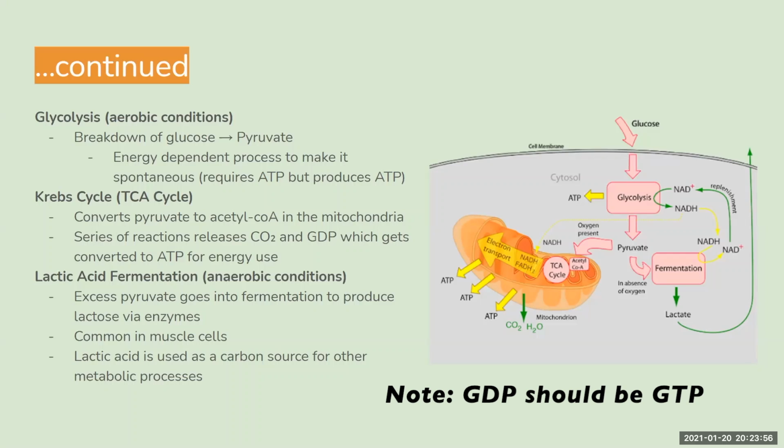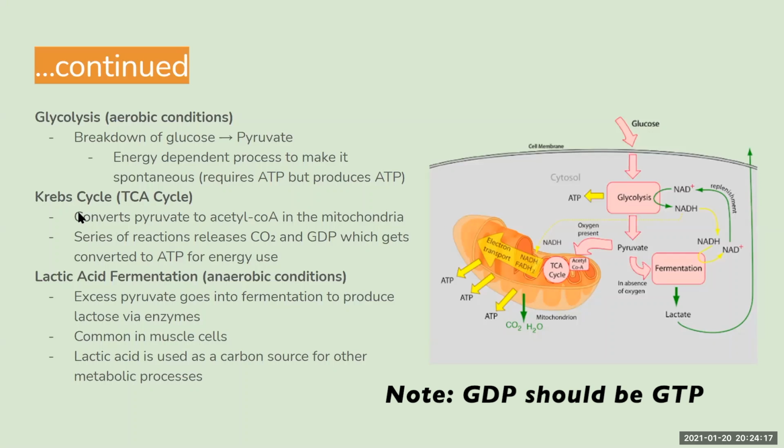Since it is ATP dependent, that's what helps it be spontaneous. Just know that the reverse of this would be non-spontaneous. It's gluconeogenesis, which is creating glucose, and that also requires a different process to make it spontaneous.